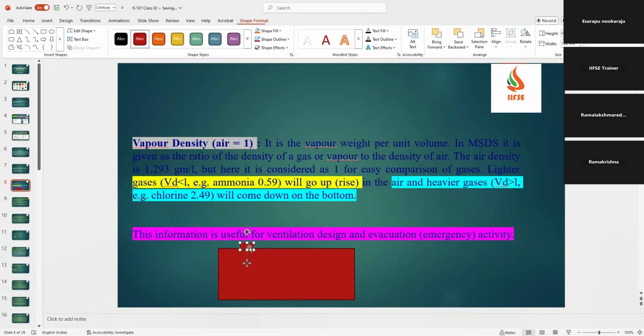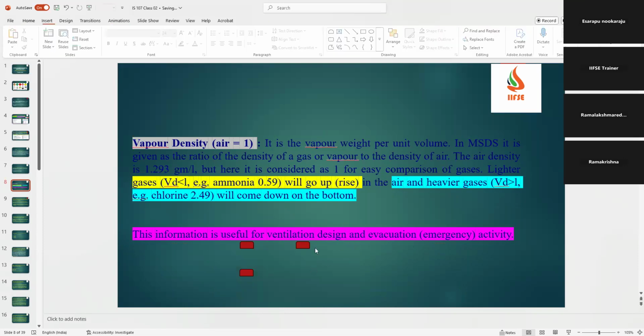You will install it this way, so that whatever fumes are generated are taken out immediately. Otherwise, if you are using an ammonia storage, you will have your exhaust on the top of the shed, so that since it is lighter, it is immediately sucked and taken to the scrubber.